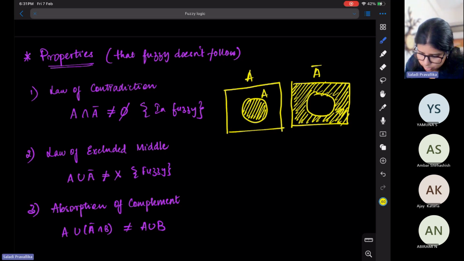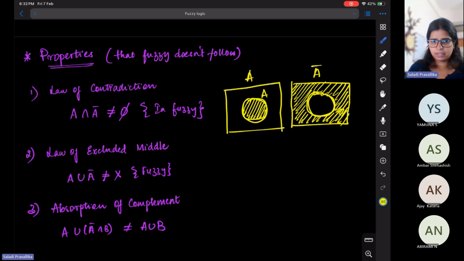Now if I want to take the intersection between A and A bar, that is the complement of A, then what do we get? When we are taking A, this circle, and A bar, everything else apart from this circle, is there anything common between A and A bar?